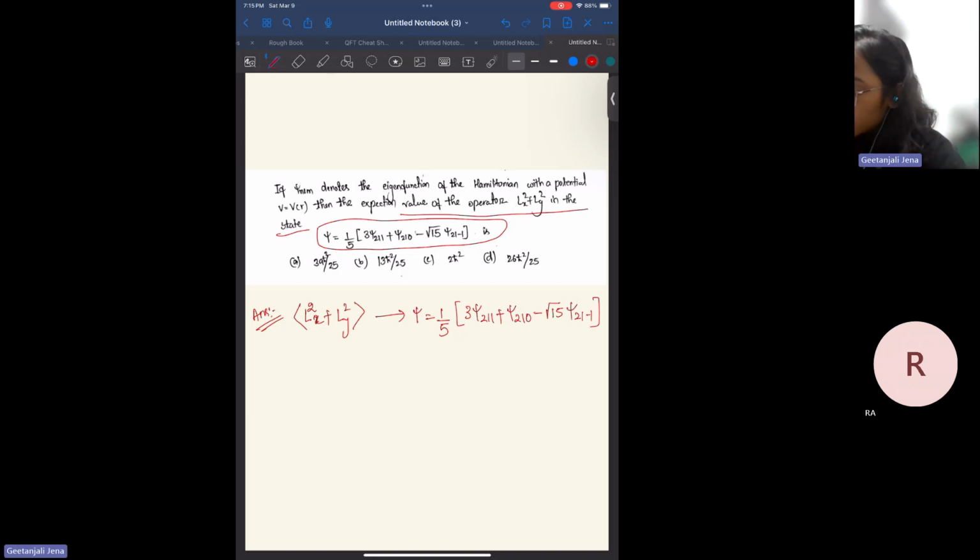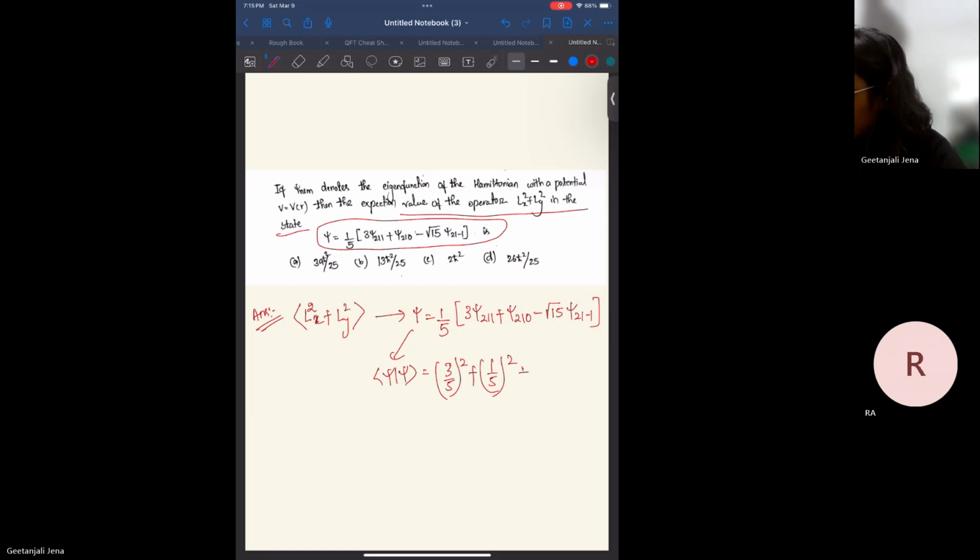Whenever they are asking about expectation, first we have to check whether the state psi is normalized or not. So if you check, then this will be 3 by 5 square plus 1 by 5 square plus root 15 by 5 square.